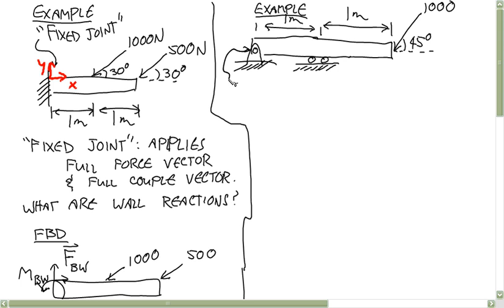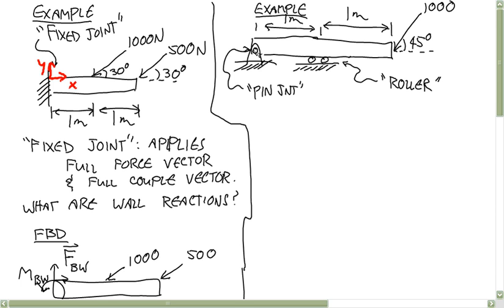Over here, this is a pin joint. And this one is a roller. So in order to figure out what kind of loads those two joints, the pin joint and the roller, apply to that body, we need to think about how motion is restricted by that joint.